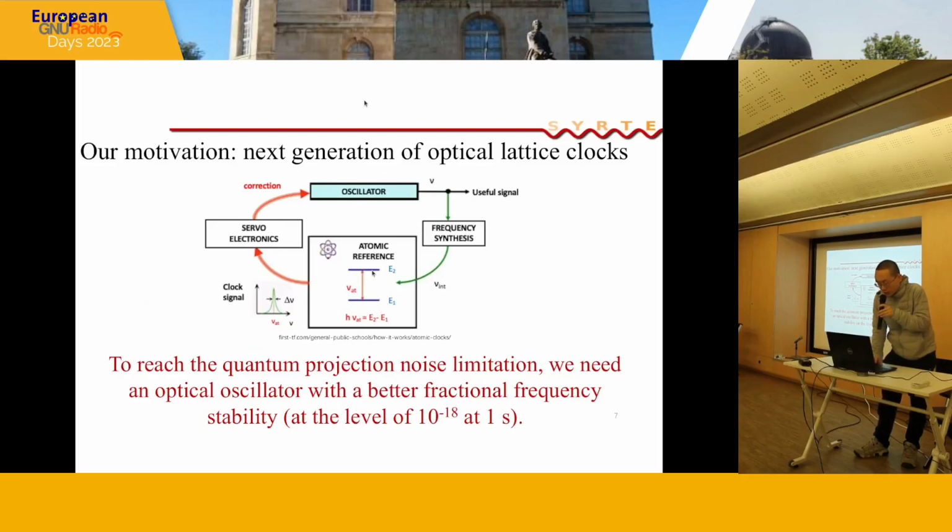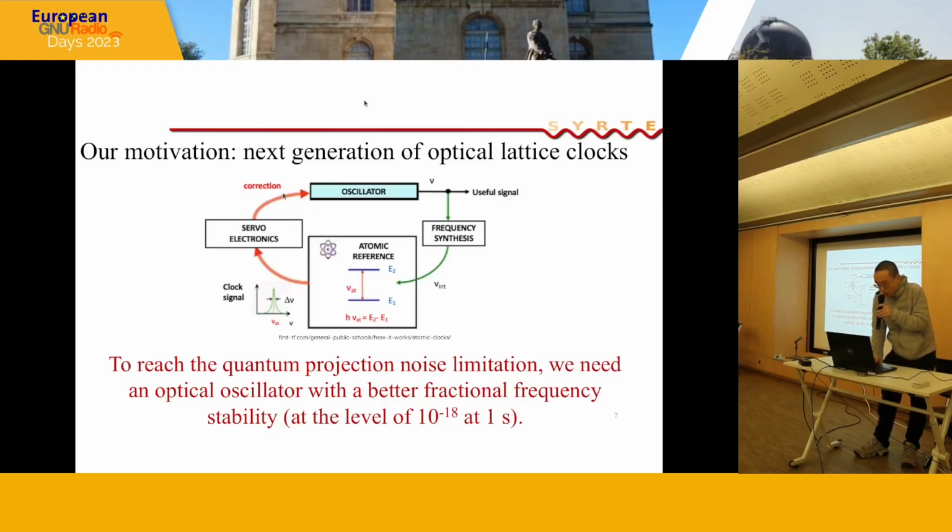After this atomic reference, we can get a signal that contains the frequency difference between the oscillator and the atomic reference. Then the signal goes through an electronic servo loop, and it generates the correction signal.